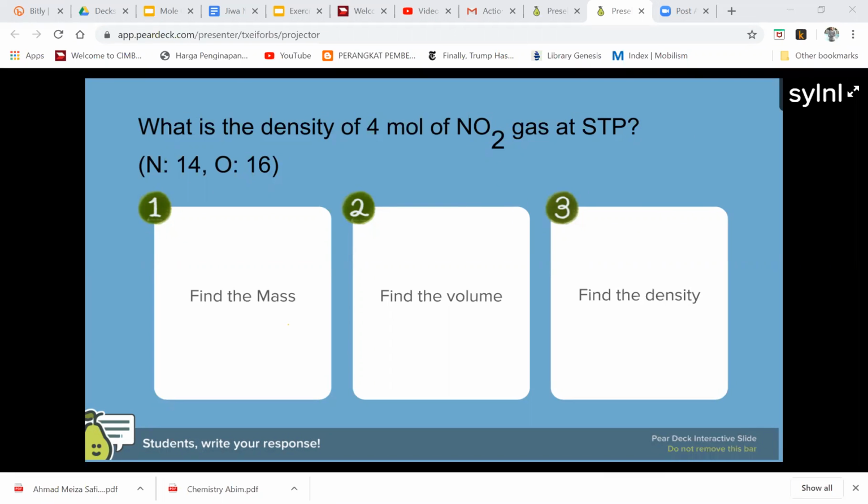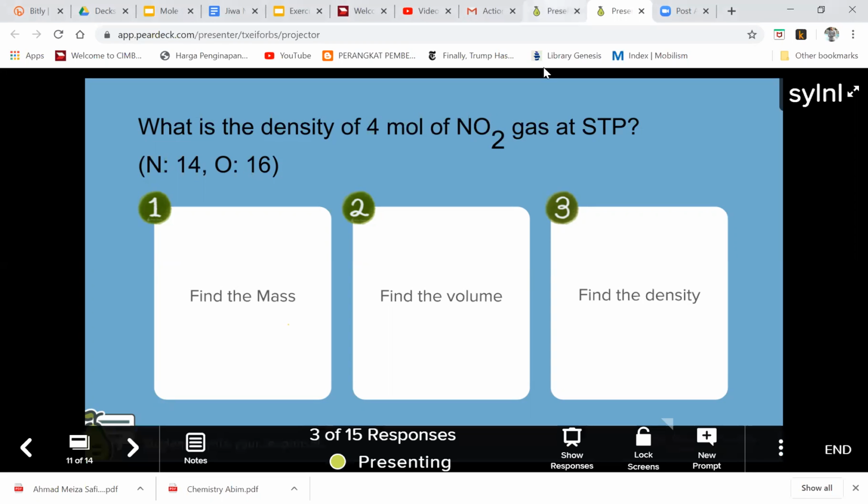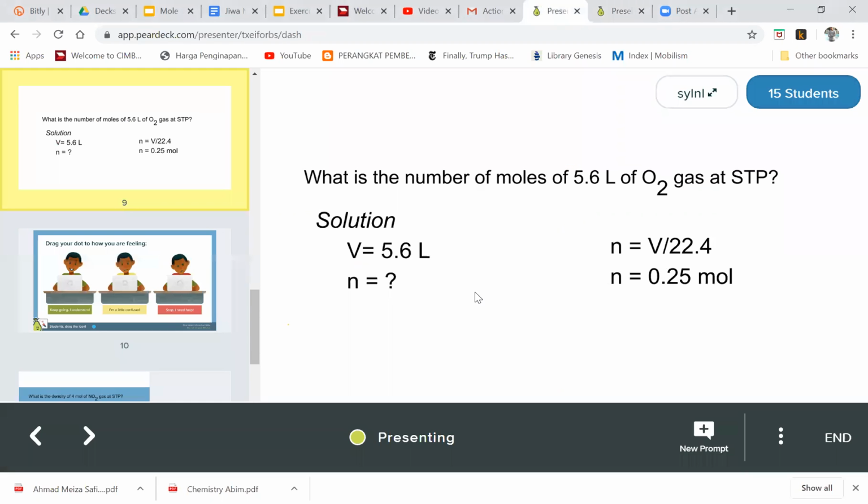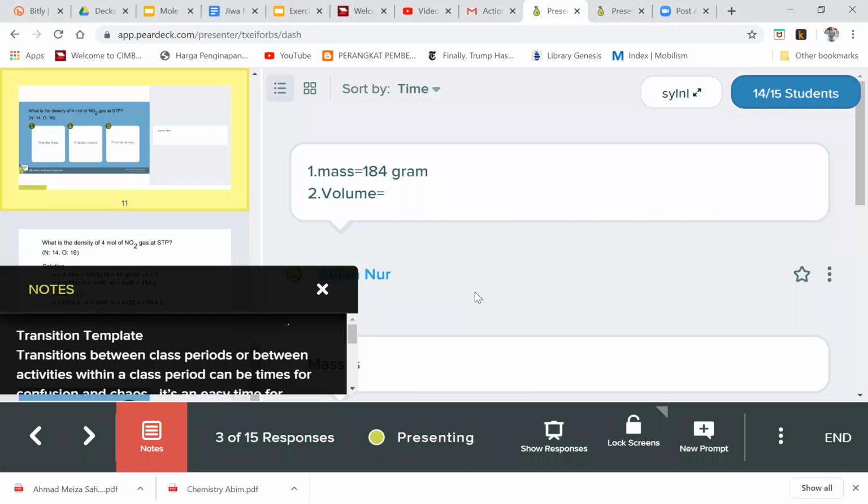Maybe you will need a calculator, or you can calculate by yourself, especially for finding the volume, because the number is 22.4. Sometimes you need a calculator. Three of you are writing the response.